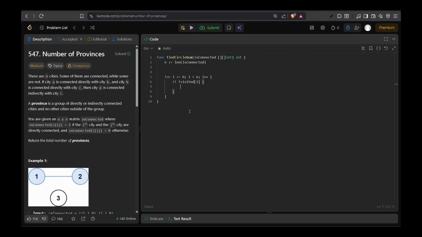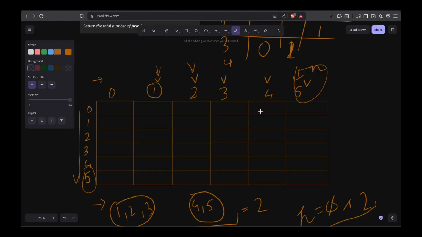So if the city I is not visited, then we'll mark it as visited first of all. Visited of I equal to true, and then we'll run the DFS algorithm for the city I, right? Also, we will increase the provinces. Remember, provinces plus plus, right?